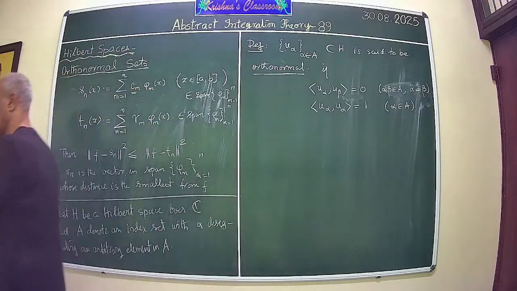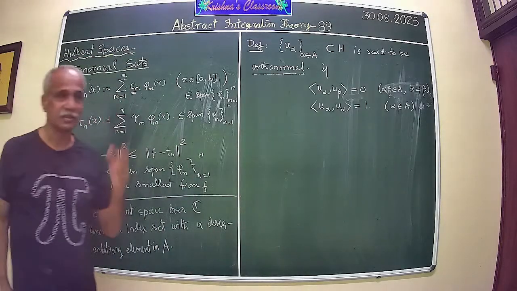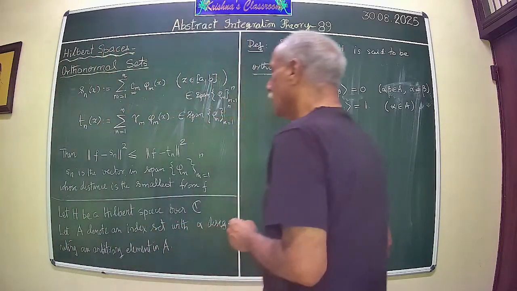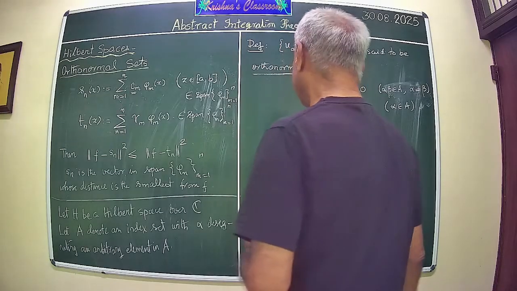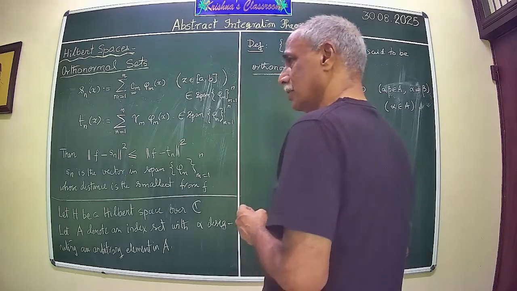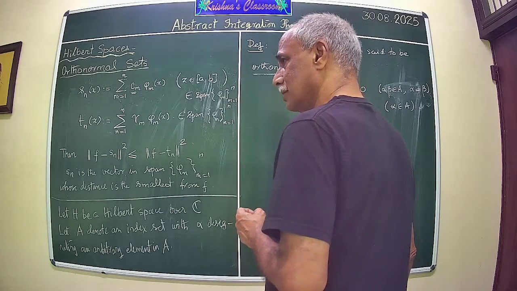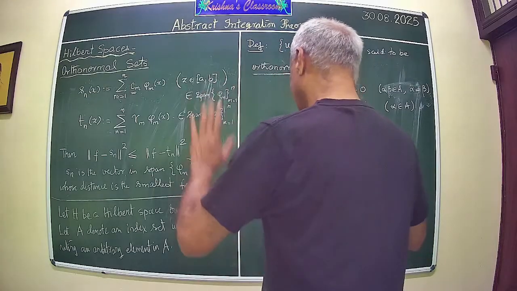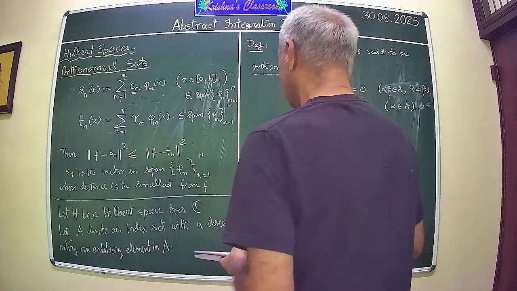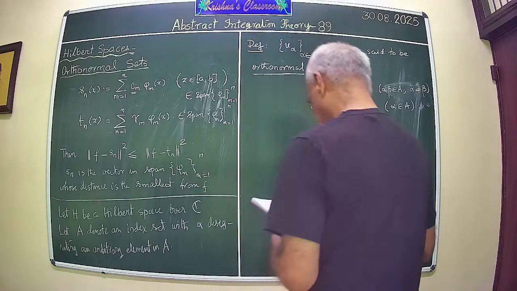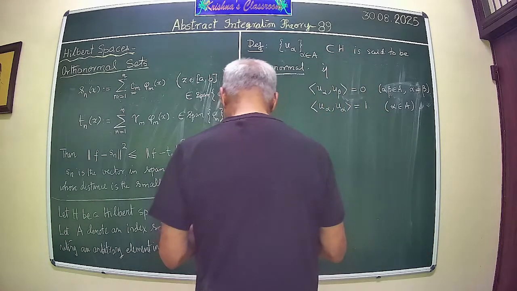Remember e_1, e_2, e_3, or e to the power int divided by root 2 pi. They are all examples of that.